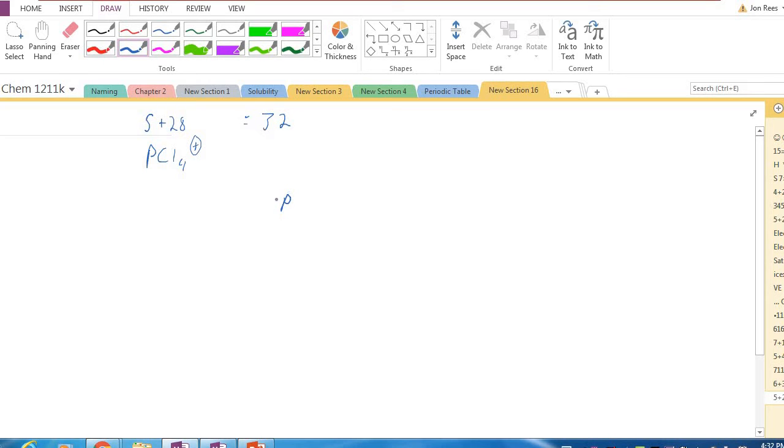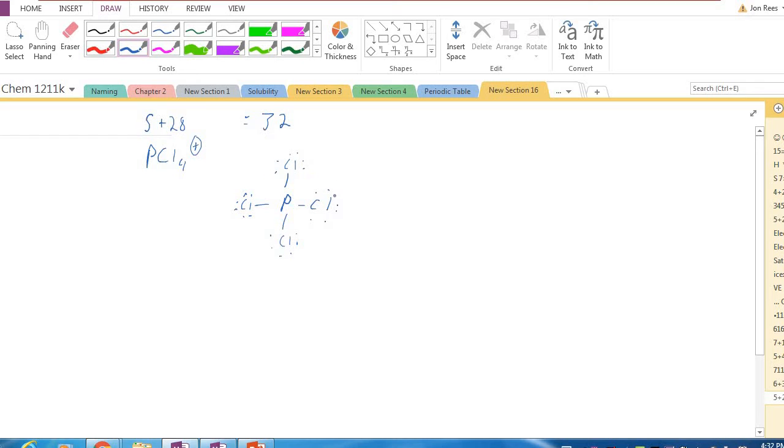And so let's do P, Cl, Cl, Cl, Cl. I have 32 electrons that I have to account for, so let's distribute my valence electrons around the chlorines to generate the octets right here.